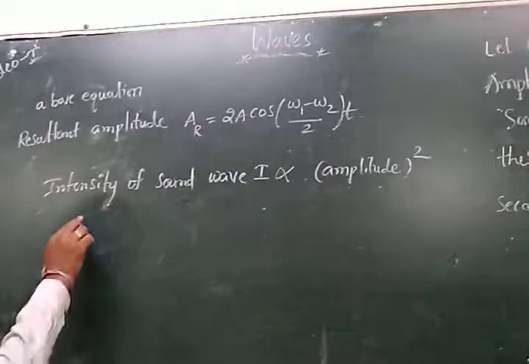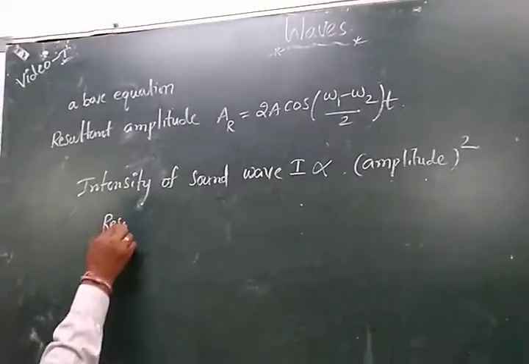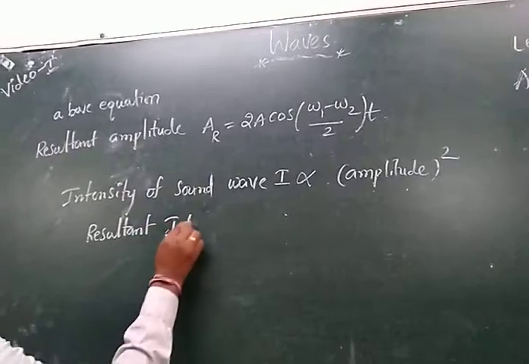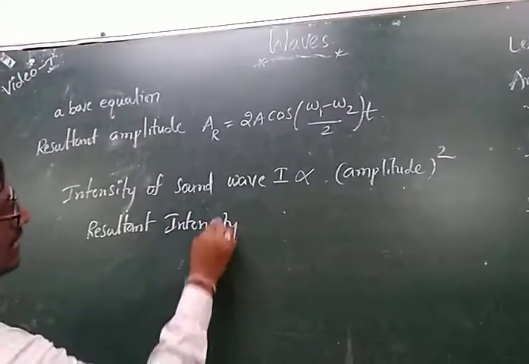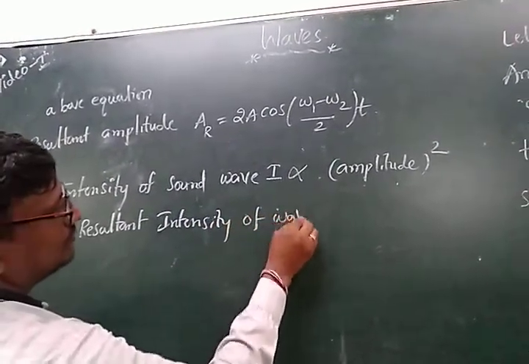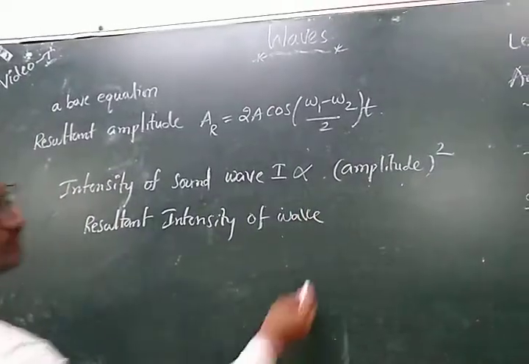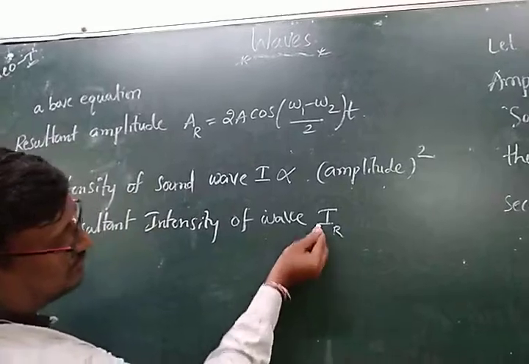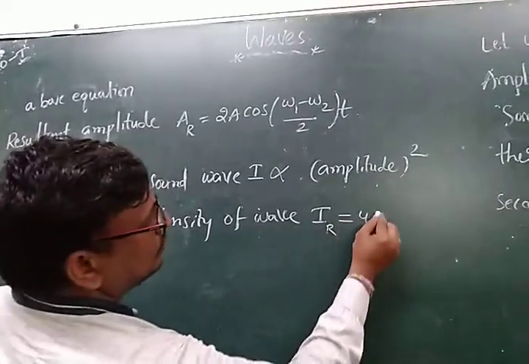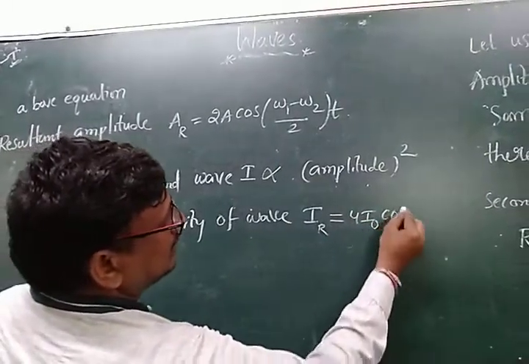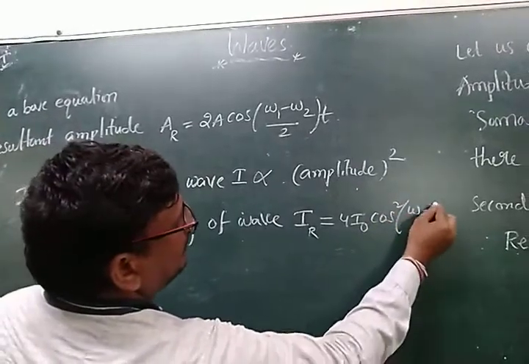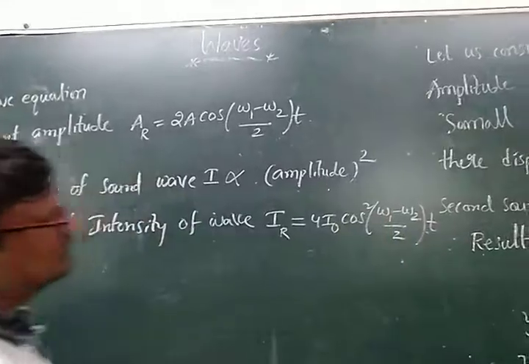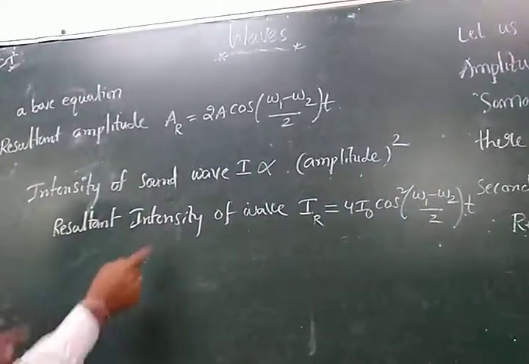The resultant intensity of the wave is denoted by IR. IR is equal to 4 I0 cos square of (omega 1 minus omega 2) by 2 into t. This is the formula for the resultant intensity.